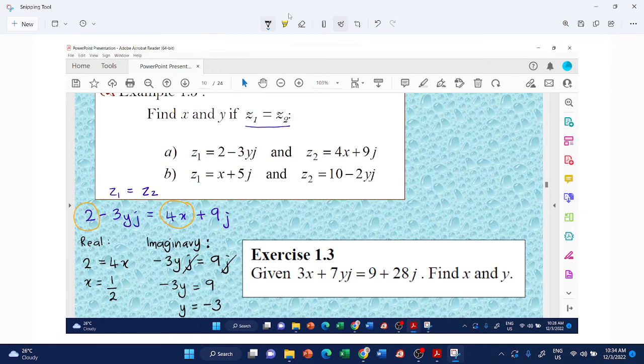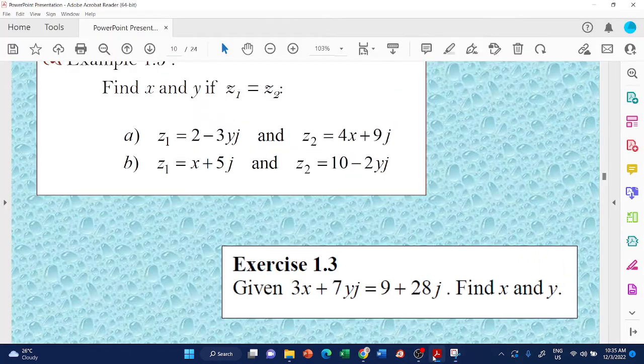So this real you compare dengan real. This imaginary, you compare dengan imaginary. Cuma you kena hati-hati especially kalau ada sign negative. Okay, kadang-kadang student tersilap tengok. Ini sudah ada operation.